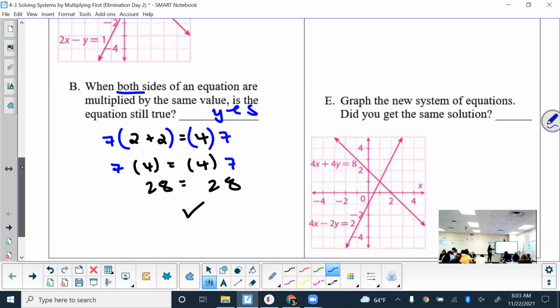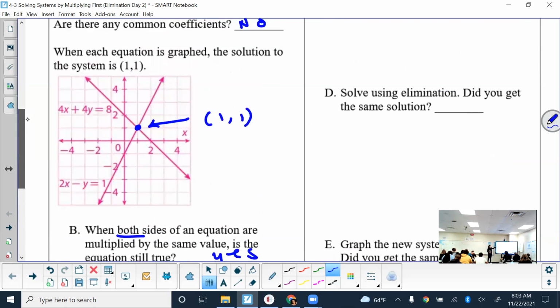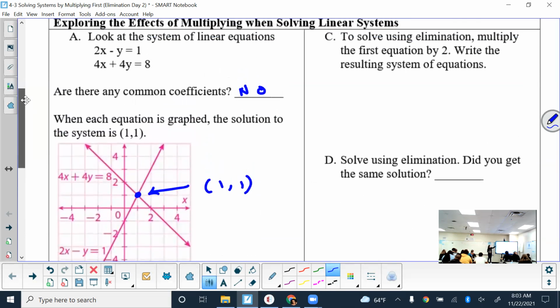All right, so then scrolling up. To solve using elimination, let's multiply the first equation by 2. All right, so we're taking 2x minus y equals 1, multiplying that whole thing by 2.